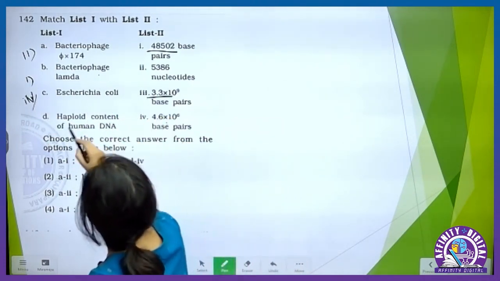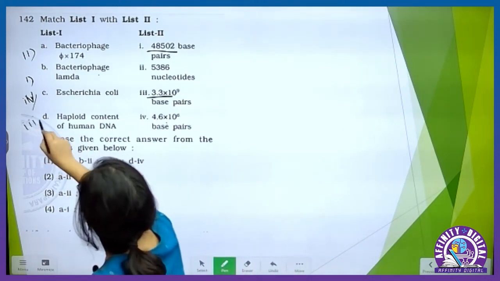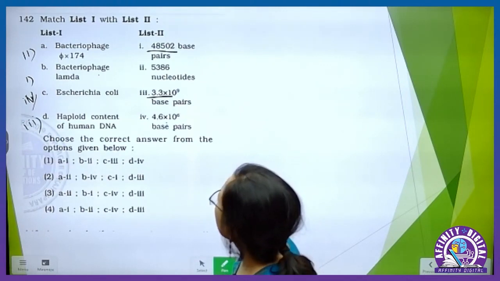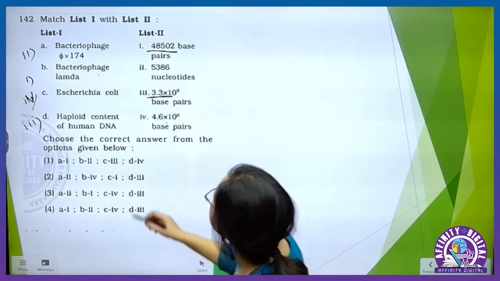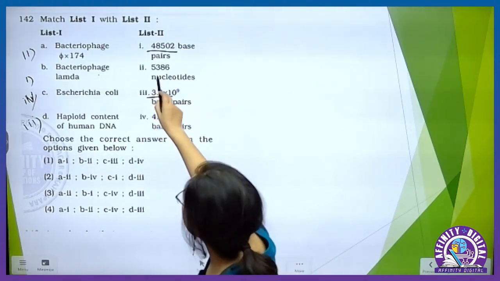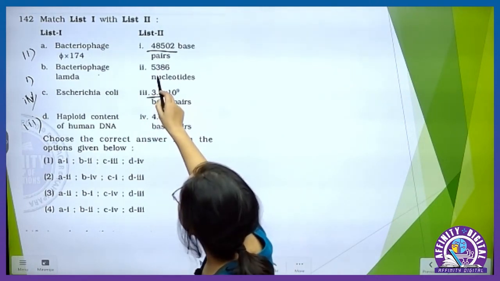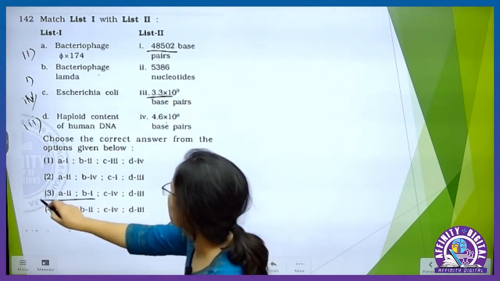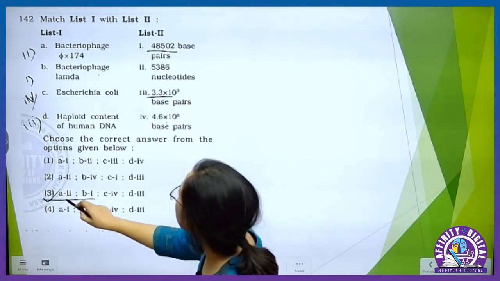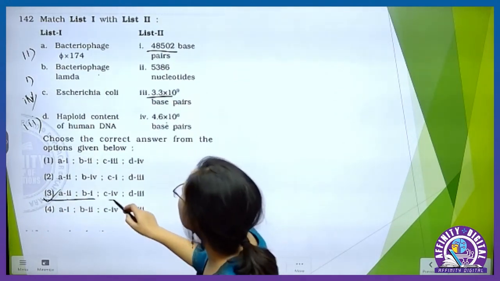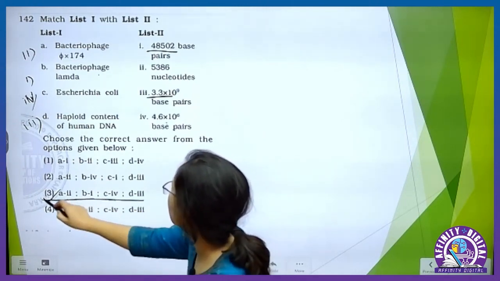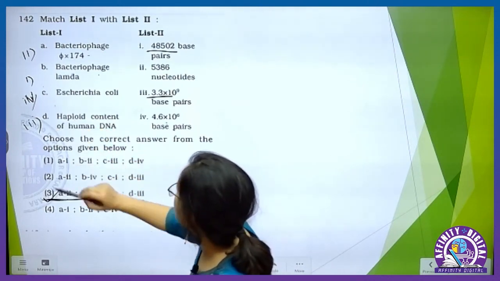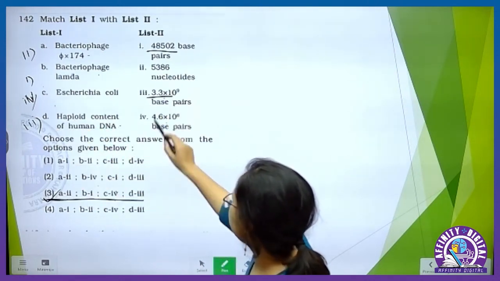Human should be 3.3, E3. So A2, B1, C4, B3, and D will be 3.